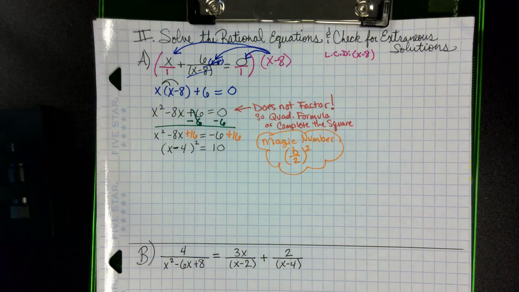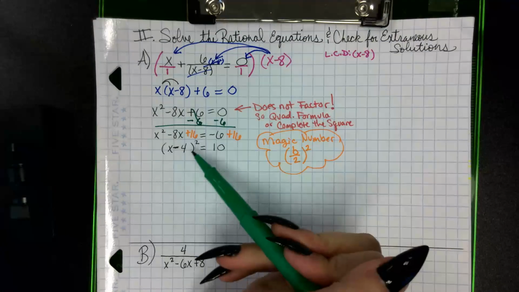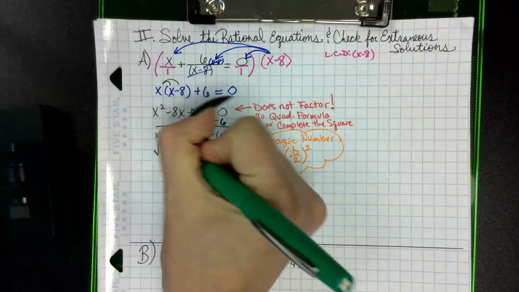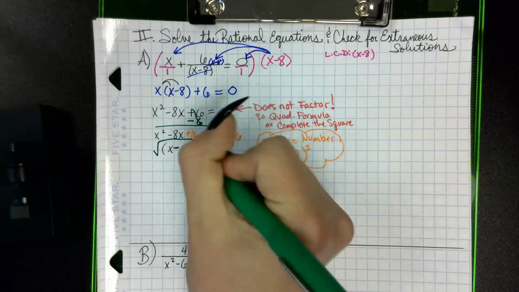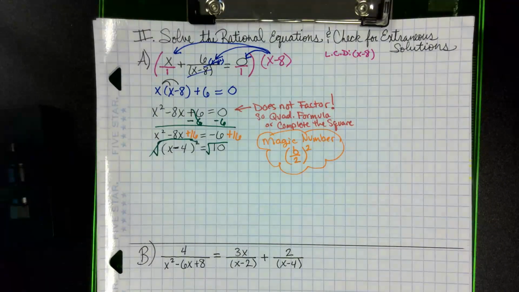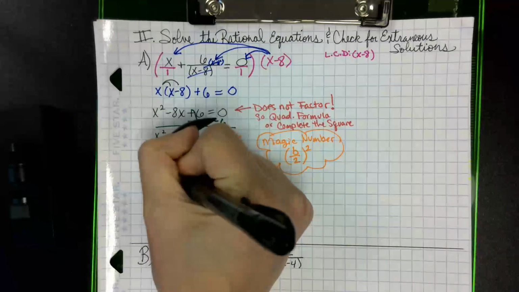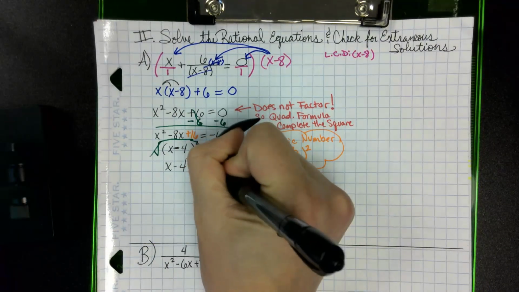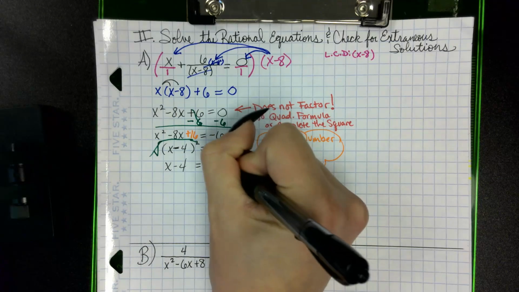So we factored it, and now we want to solve for x. We're going to get rid of the squared by taking a square root. So now we have x minus 4 equals plus or minus the square root of 10, because we can't simplify the square root of 10.